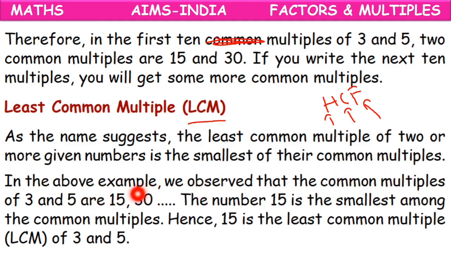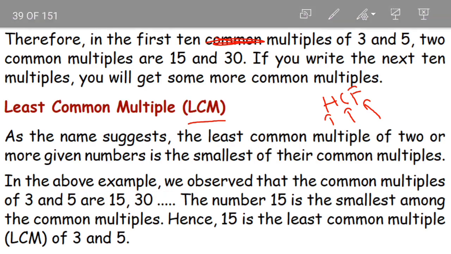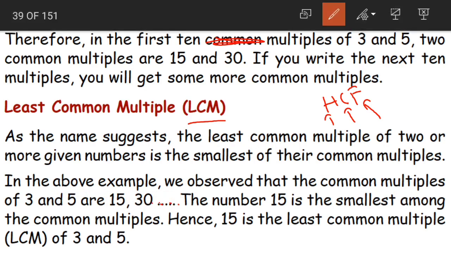In the above example, we observe that the common multiples of 3 and 5 are 15, 30 and so on. That means we do not know what more common multiples we have. There are a few more common multiples, but we do not know as of now. Now the number 15 is the smallest.